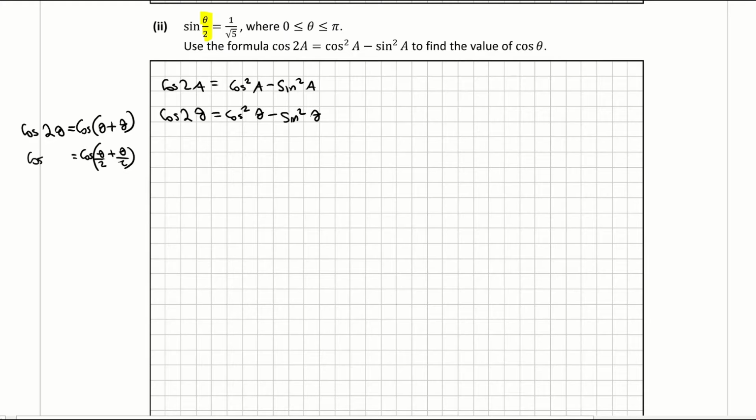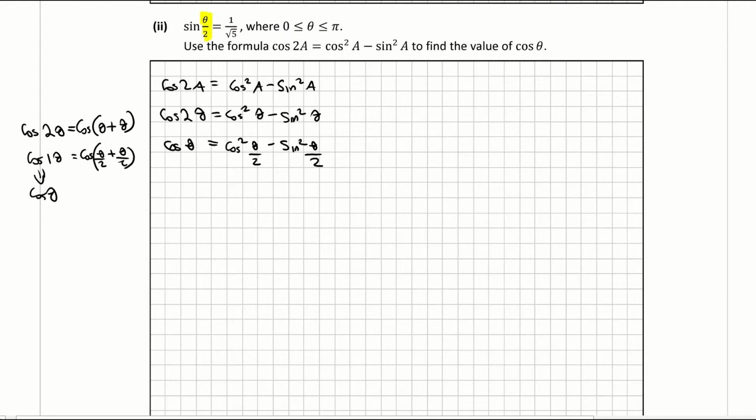That's the same as cos 1 theta, which is basically cos theta. So I'm not working now with cos 2 theta, I'm working with cos 1 theta, or just cos theta. And that's now going to give me cos squared theta over 2 minus sine squared theta over 2. So that's basically where I'm going from here.